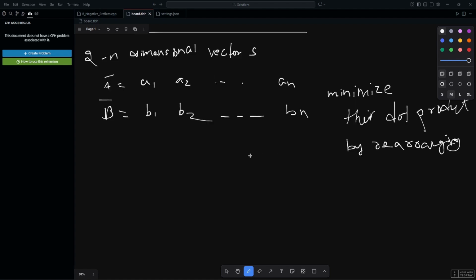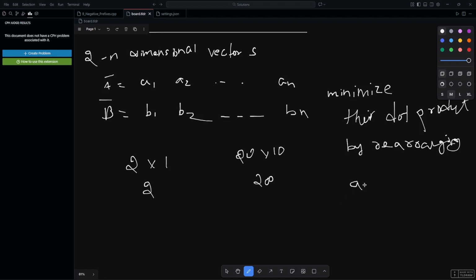And the first weird thought that comes into your mind, because your mind tricks you obviously while doing greedy problems, is that okay, when I multiply two small numbers, I get a small number. When I multiply two bigger numbers, I get a bigger number. So dot product is all about multiplication and addition, right?